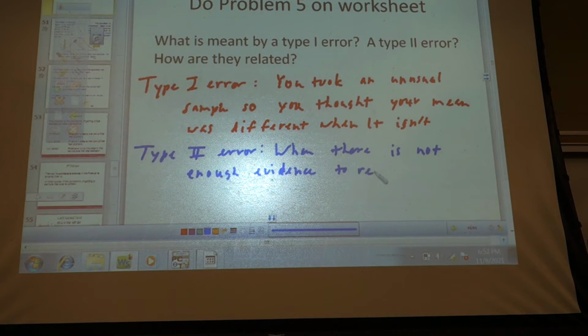So you fail to reject a truly false H naught. In other words, when it's different, but it's not different enough, right?